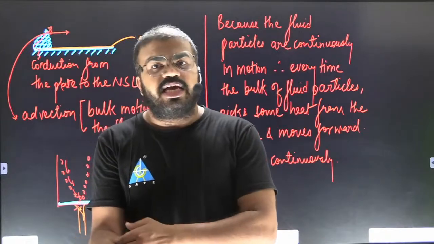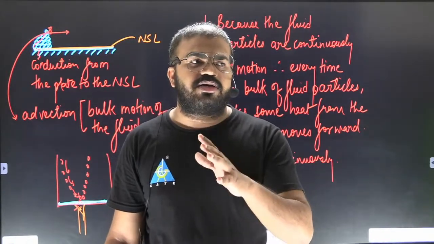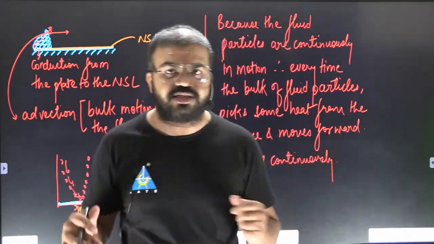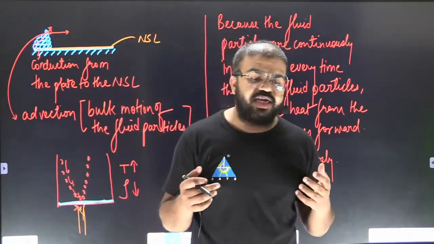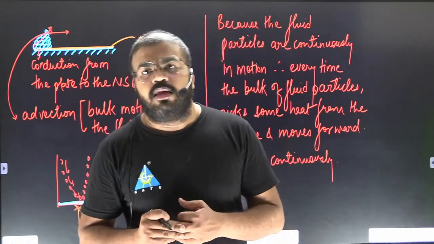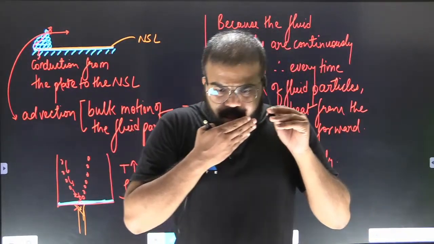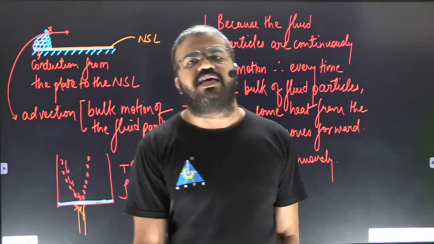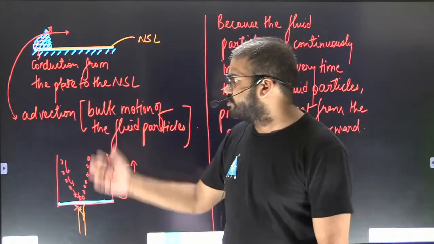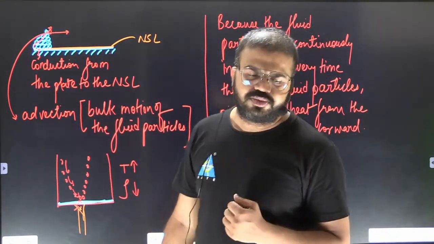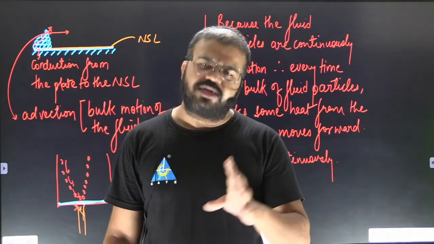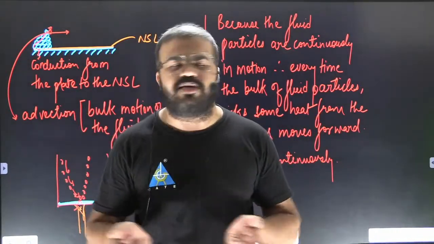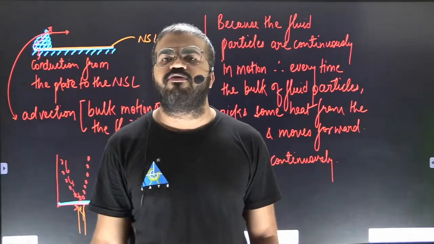So air cooled engines are not that effective. For example, air cooling is not effective in large engines. Why? Because it cannot take away more heat, whereas more heat can be taken away by water, since it has huge capacity. Right? Understood? Advection alone cannot explain it. See, fluid is moving. Okay, fluid will move, no problem.